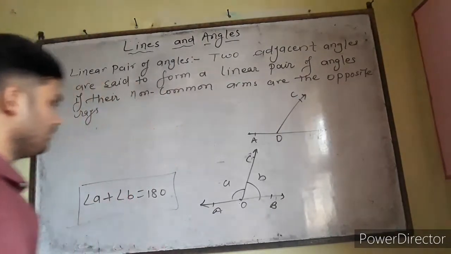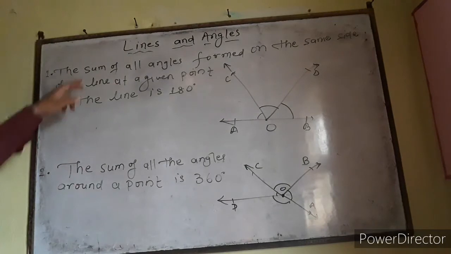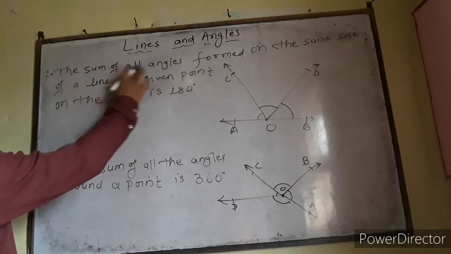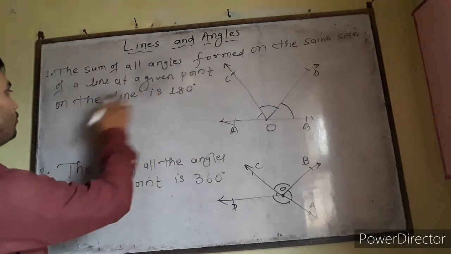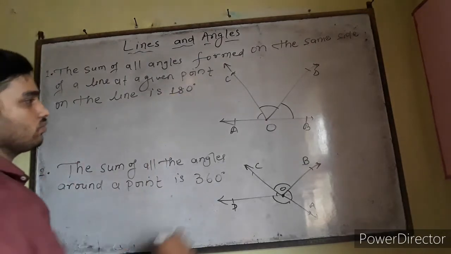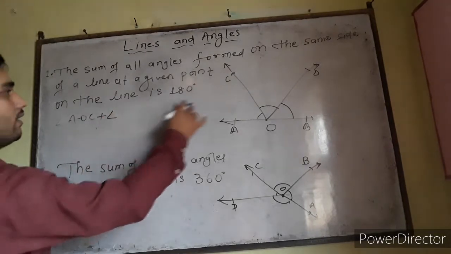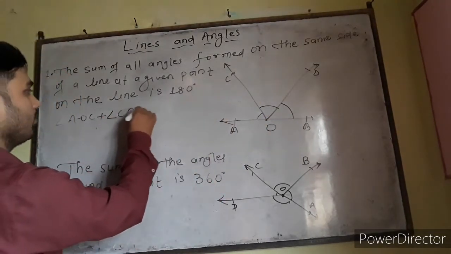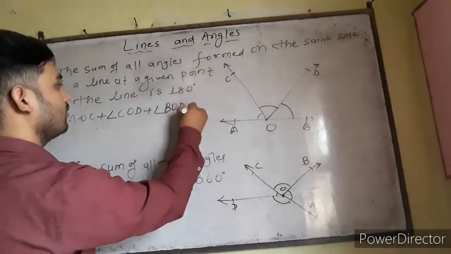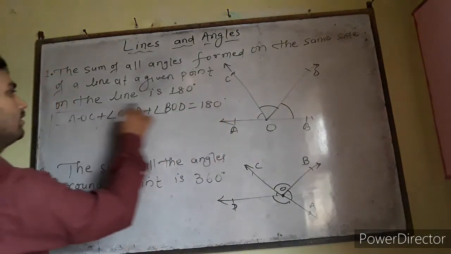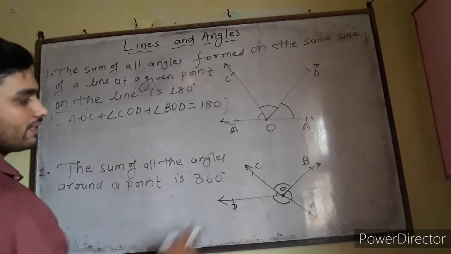Now let's see two important deductions from this result. The sum of all angles formed on the same side of a line at a given point on the line is 180 degrees. So angle AOC plus angle COD plus angle BOD is equal to 180 degrees. Next, the sum of all the angles around a point is 360 degrees.